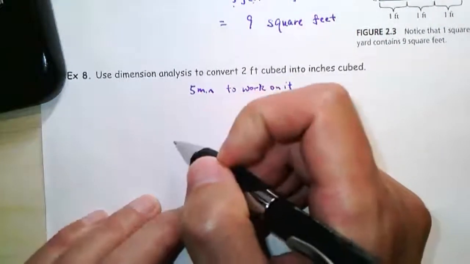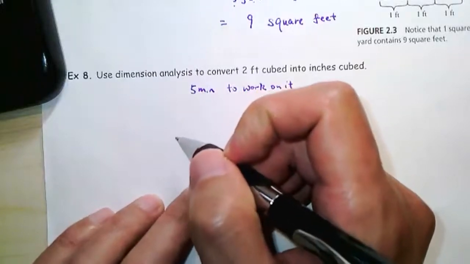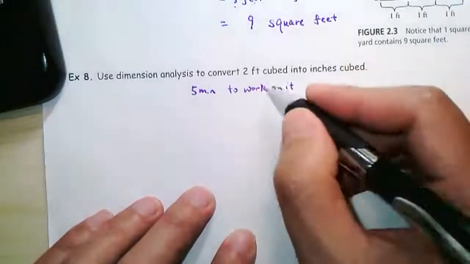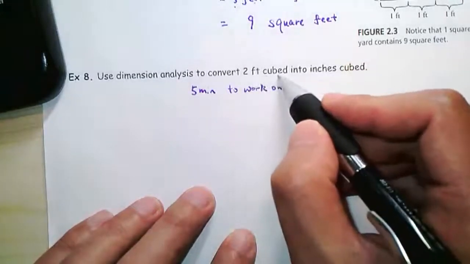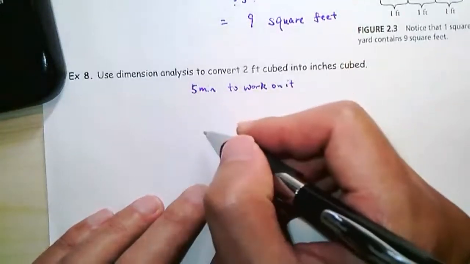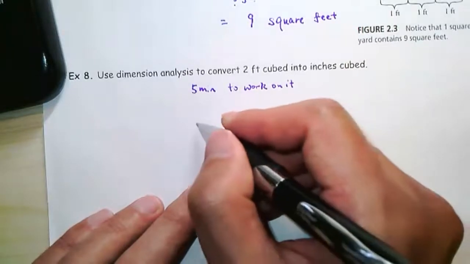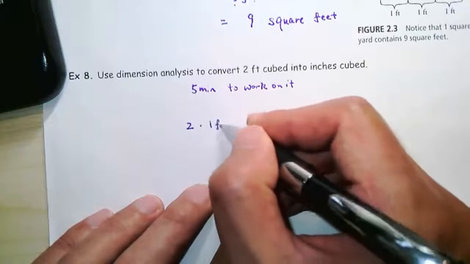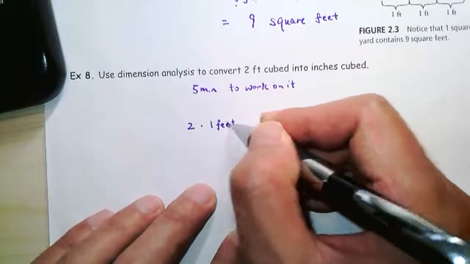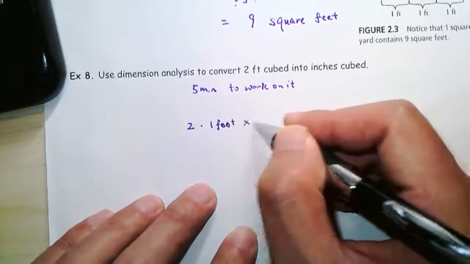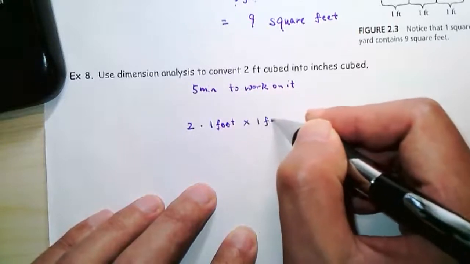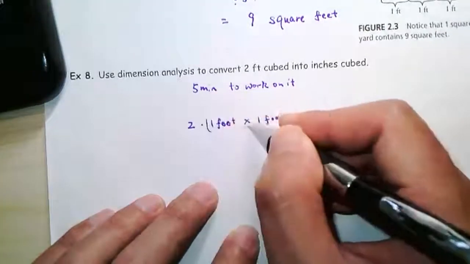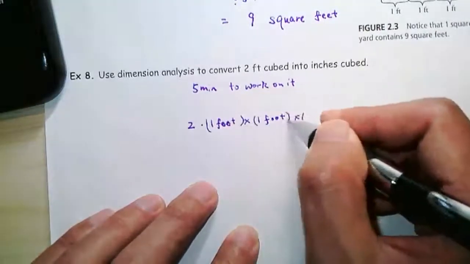Okay, let me get started on this question. So 2 feet cubed. How much is 2 feet cubed? It is 2 times 1 foot times 1 foot times 1 foot. I should add parentheses.